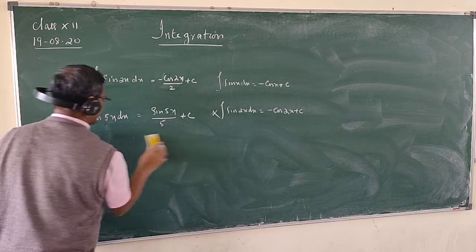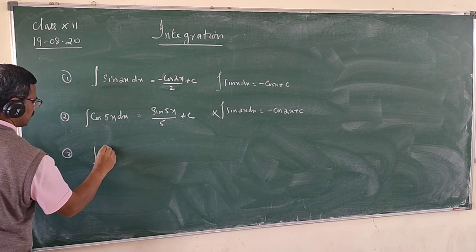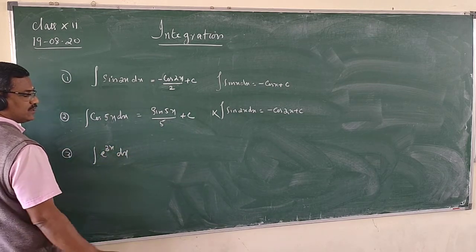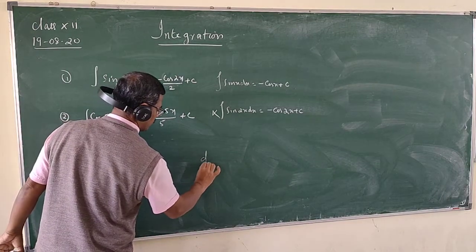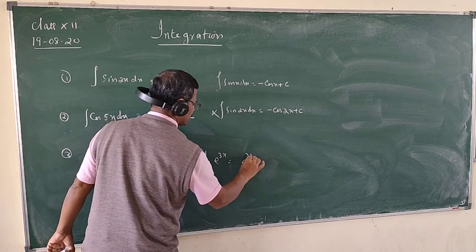Now take the third example. Say the integral of e raised to 3x. Suppose I want to find it. You know that d by dx of e raised to 3x is e raised to 3x into 3.